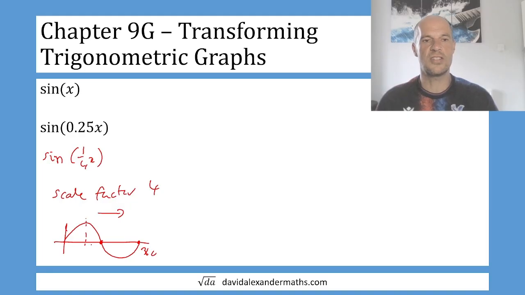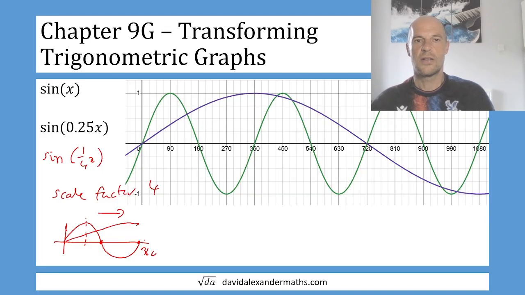We're just going up to our maximum point between 0 and 360. So as we can see, we've got the full sine wave between 0 and 360, but only 1/4 of the sine of 1/4 x between 0 and 360.